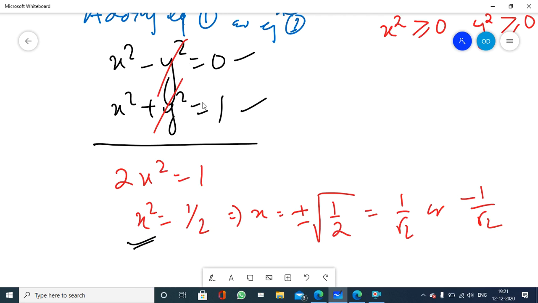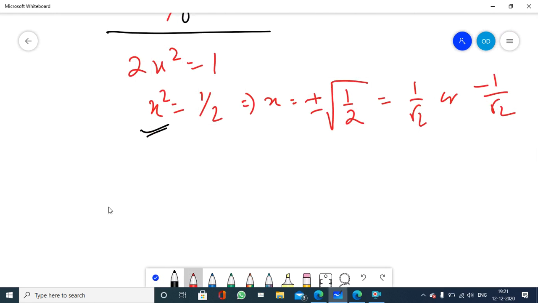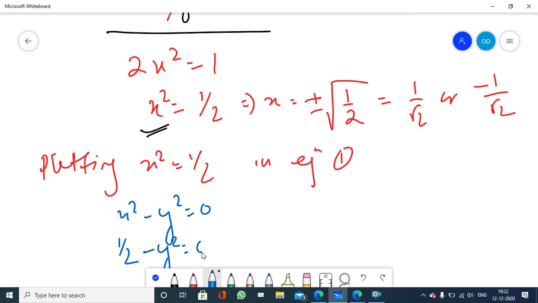Putting x square equal to 1 by 2 in equation 1, which says x square minus y square is equal to 0, then y square is also equal to 1 by 2, isn't it?